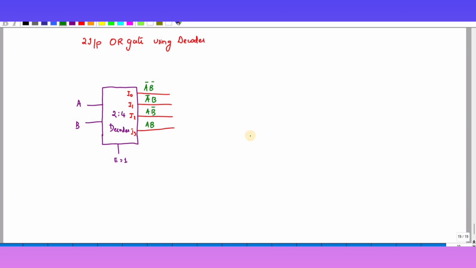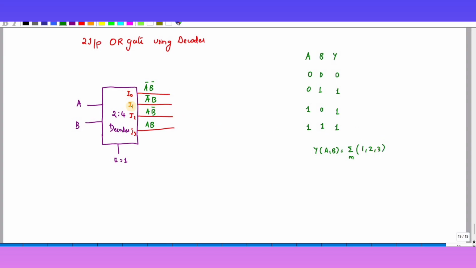So you know the truth table for the OR gate, right? A, B, Y. The logic is if any one of the inputs is 1, the output is 1. So this is the truth table for the OR gate. So I can write Y of A comma B is equal to summation m of 1, 2, 3.